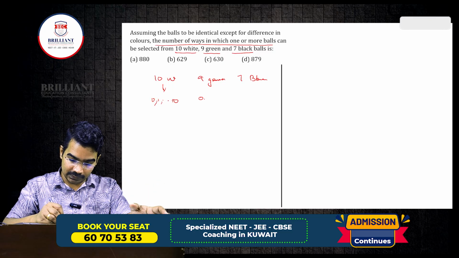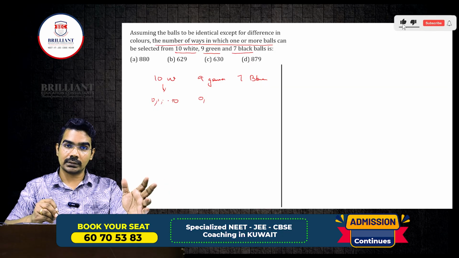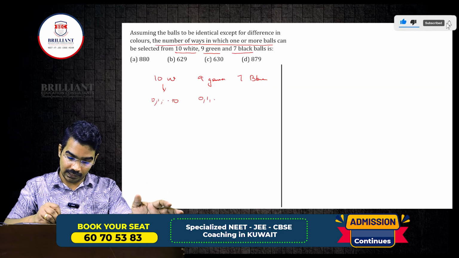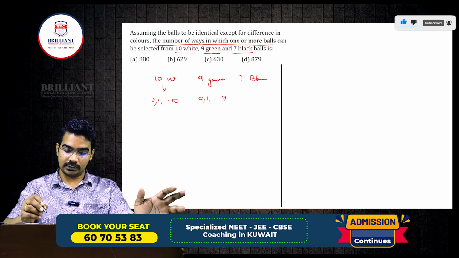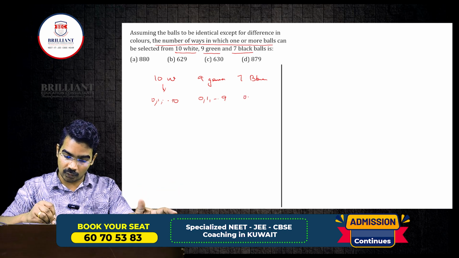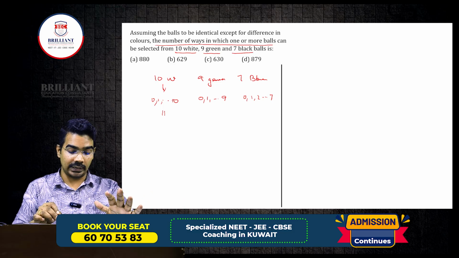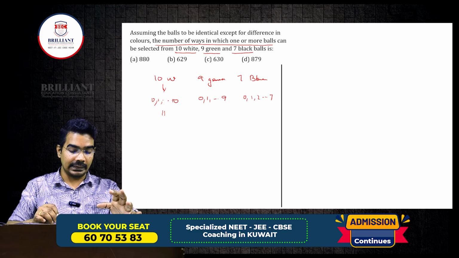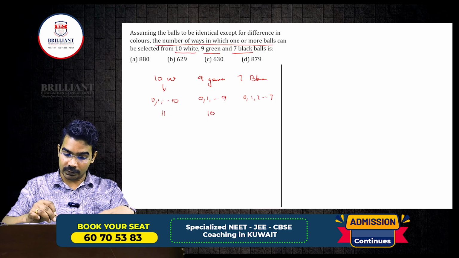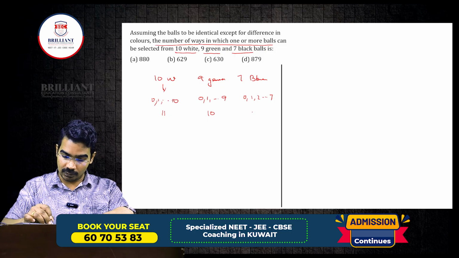Similarly, there is a possibility that 0 green balls you get, then 1 etc. up to 9 green balls. Similarly, for 7 black balls, 0, 1, 2 up to 7. So the total possibilities from white balls are 11, 0 up to 10. For 9 green balls, it will be 10. For 7 black balls, it will be 8.